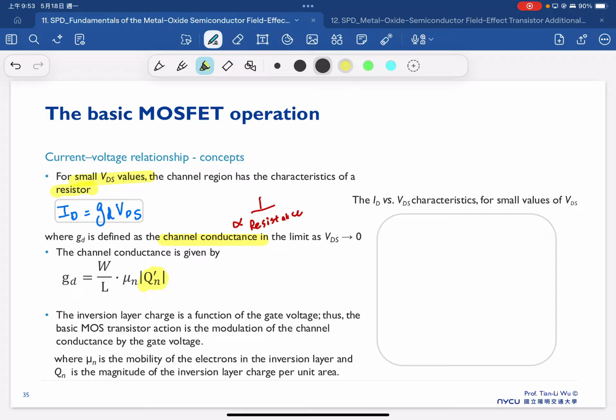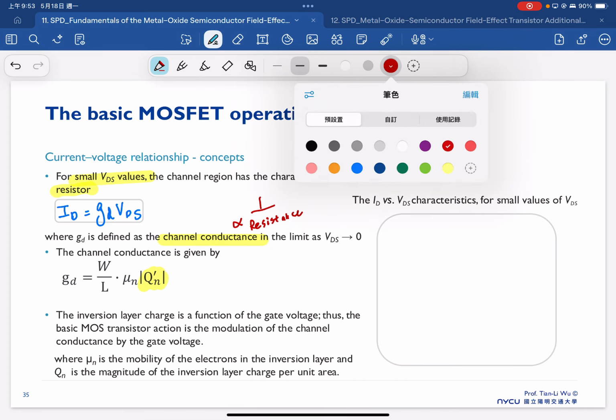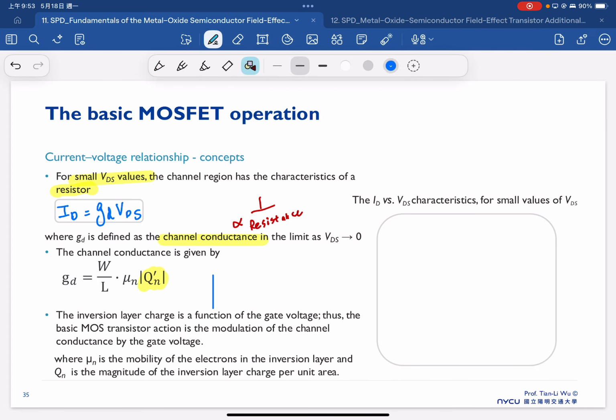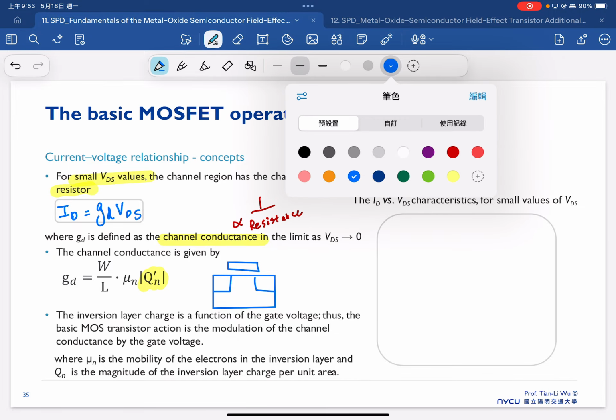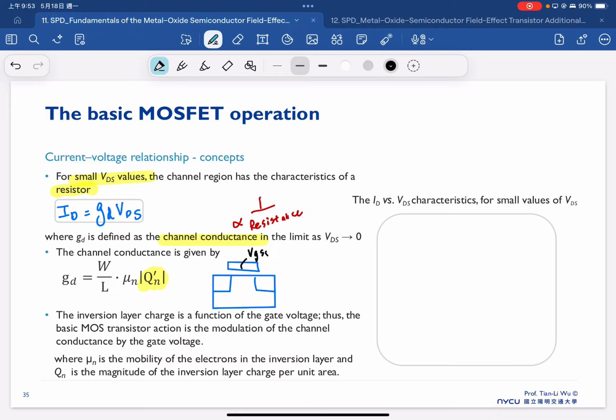I think this is pretty obvious, because if you assume you have this structure, a MOSFET, with source and drain, and also the gate, and one case where our VGS1 is larger than VT, the electron density, the inversion layer charge in the channel, can be considered as the amount shown here.